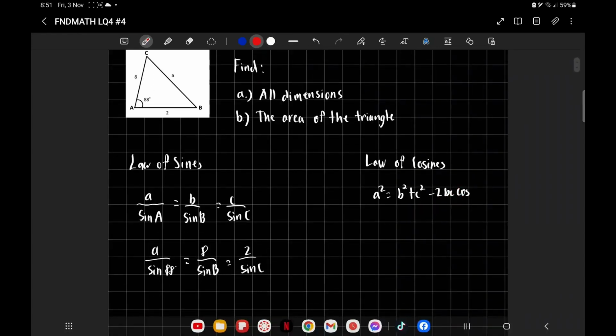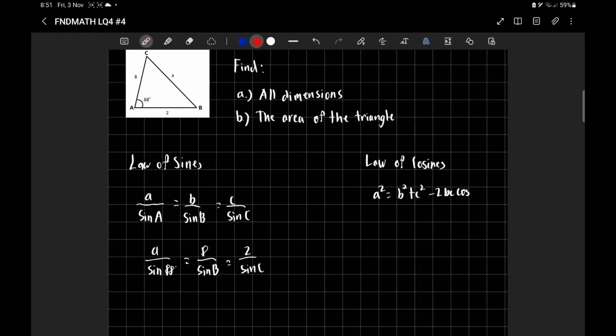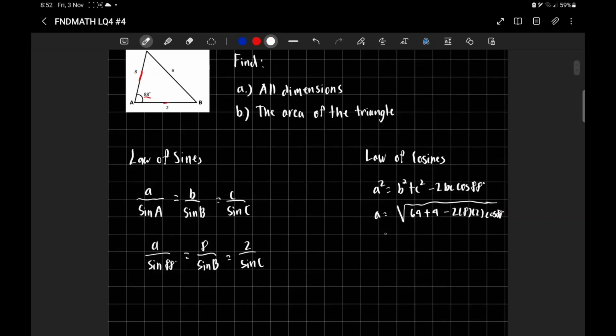So the angle between b and c is just 88 degrees, as we see here, because this is b and this is c, and the angle between them is 88, cosine 88 degrees. So we can solve for a by plugging into the square root of this equation. So 64, which is just b squared, plus c squared, which is just 4, minus 2 times 8 times 2 cosine of 88.